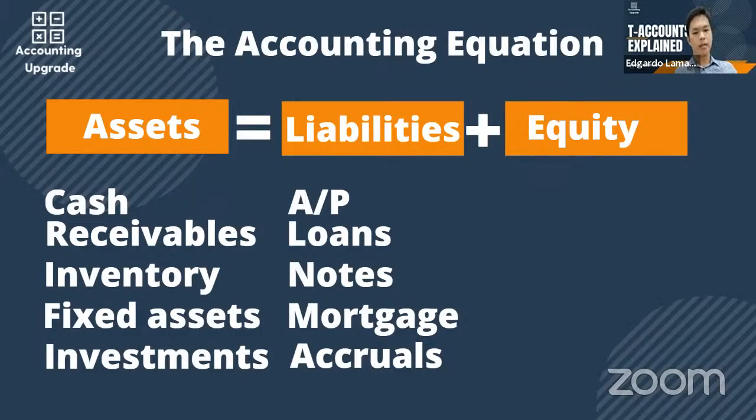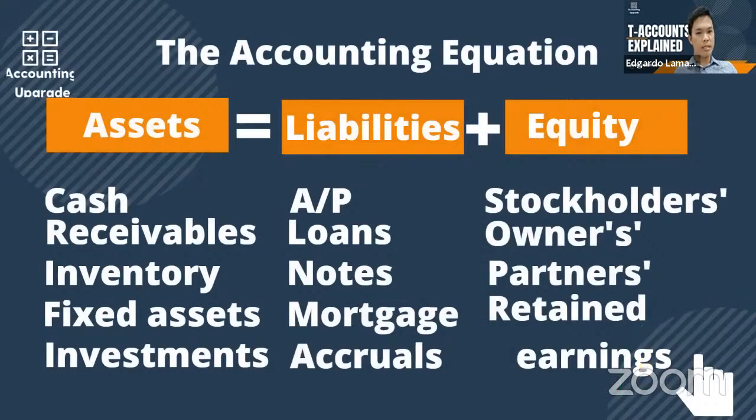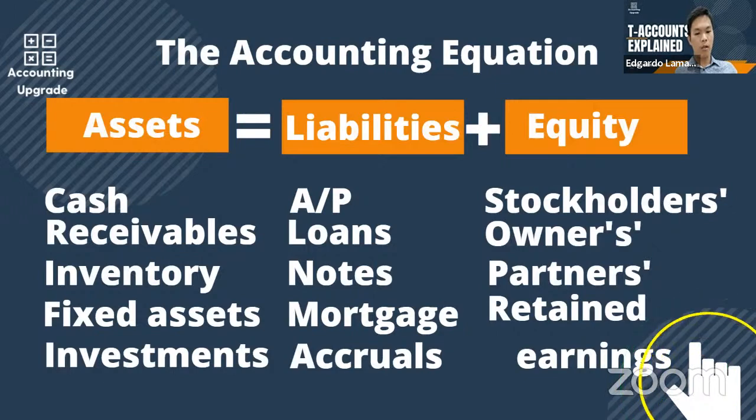Equity is the residual interest in the net assets of a corporation or a business after deducting all of its liabilities. For a corporation, it is called stockholders' equity. For a sole proprietorship, it is called owner's equity.